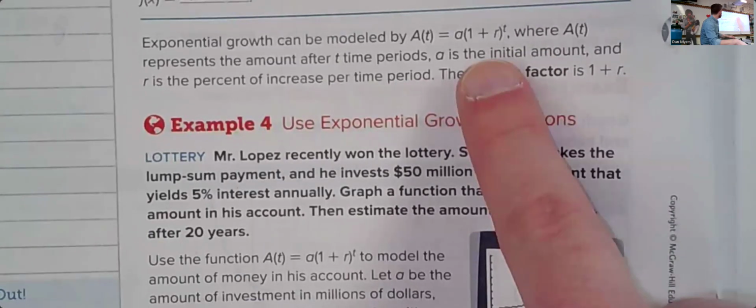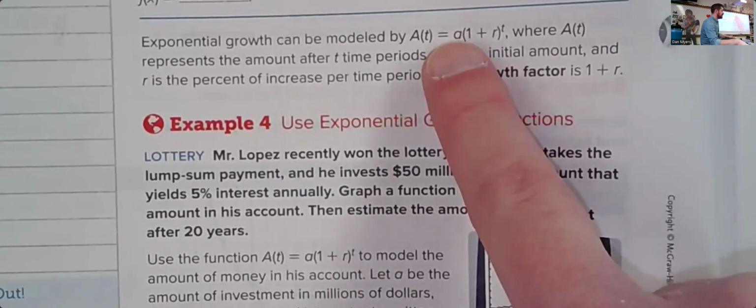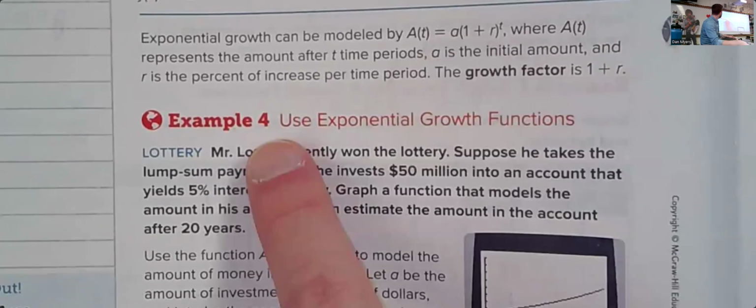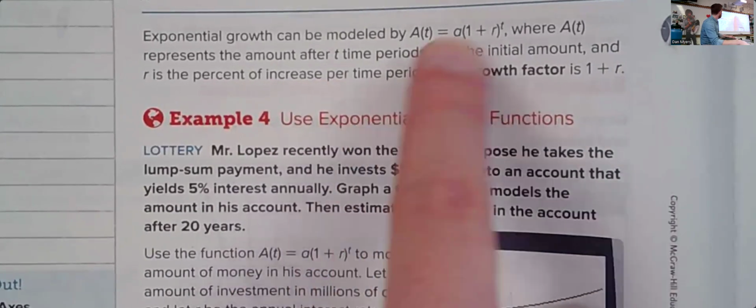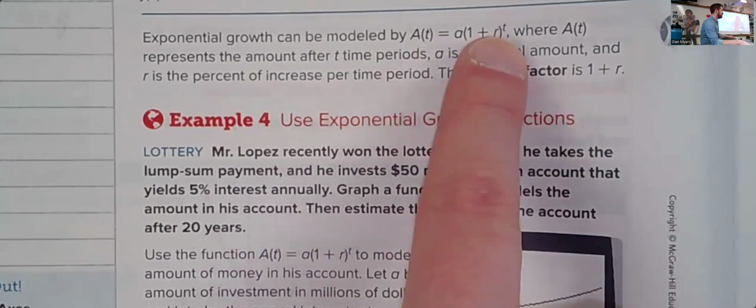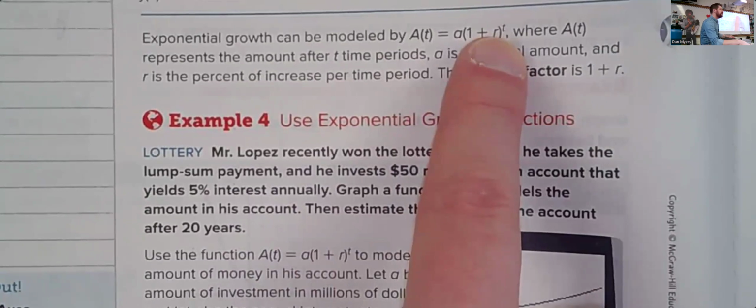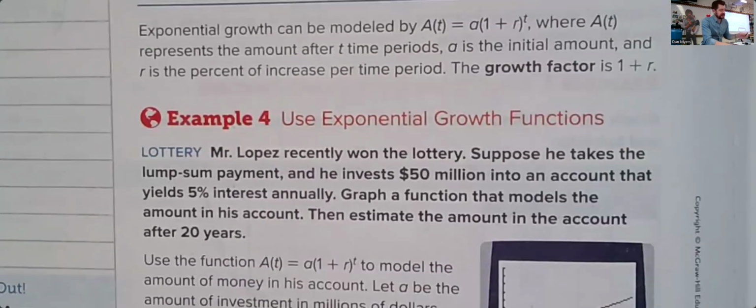A is the initial amount, so whatever amount that we started with, that's our value of A. R is the percent of increase per time period. Percentages will always be translated into what kind of numbers? Like if something's written as a percent, how would we end up writing that for R? As a decimal, yeah.